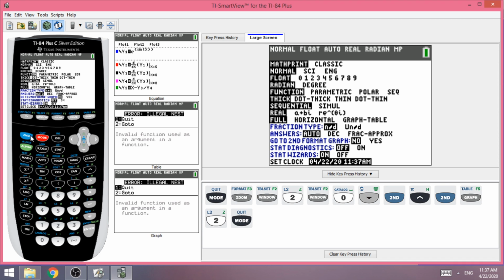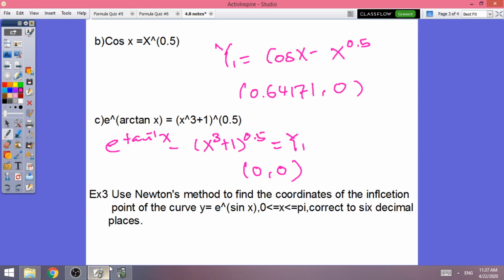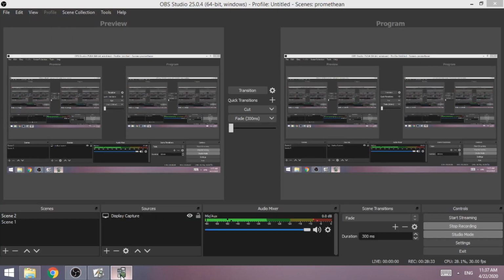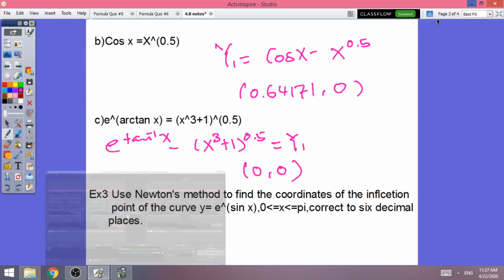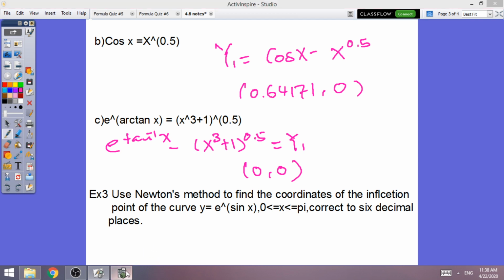Yeah, sometimes that's kind of weird, you know, for the function. Something comes up. Okay, so e to the power of sine of x. That's what we got. Yeah, so try to go through that on the calculator with a similar procedure. So I think I need to reset the calculator.